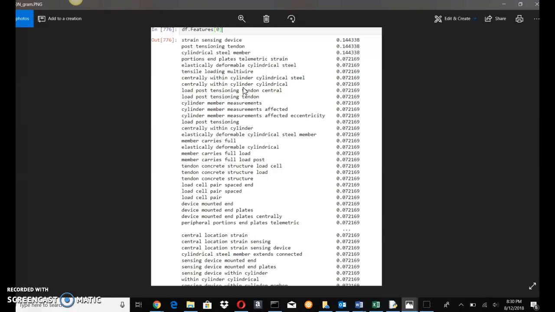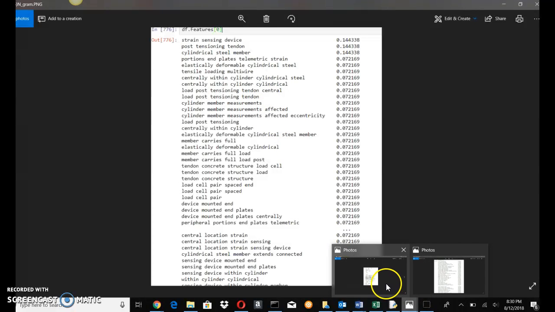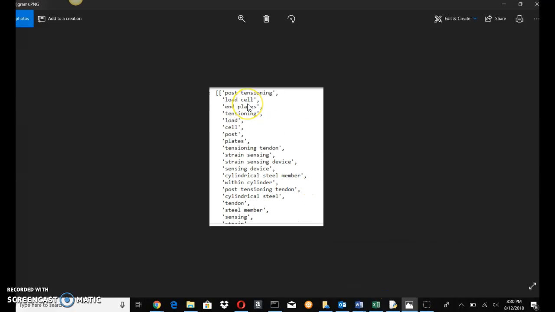We also carried out n-grams with respect to 1 to 3. So this is the n-gram of 1 to 3. Here we can see that the features are repeating again, like post-tensioning, load cell, and here again the load and the cell.